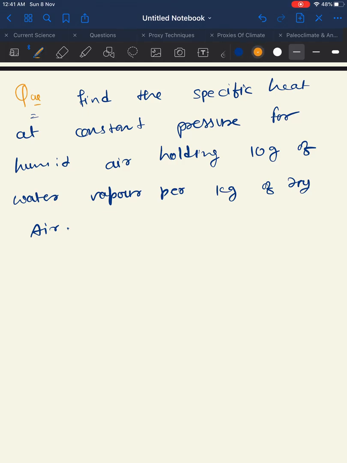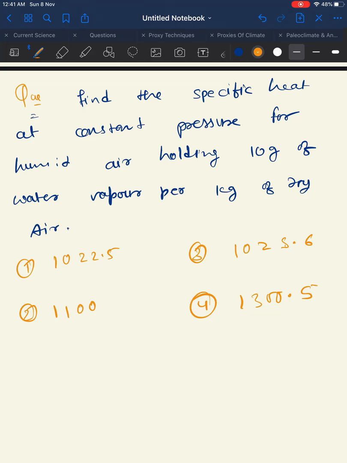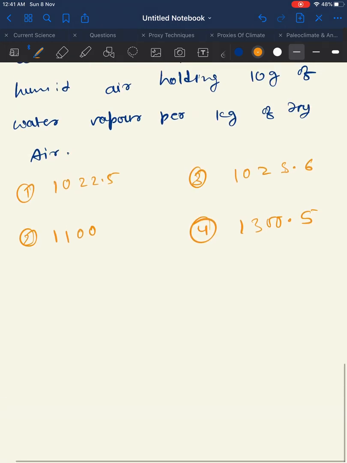Okay, is this clear? So over here we have different options, 1, 2, 3 and 4. So the options are like this, 25 into 6, then 1100, and then 1300.5.